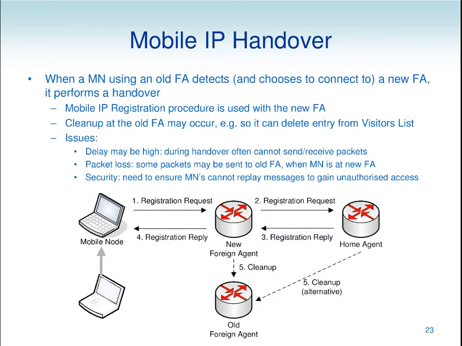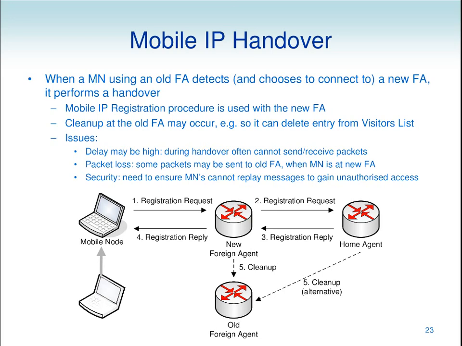Handover, all right, maybe we will just say what a handover is. A handover is simply changing from one network to another. We consider the case where we move from our home network to a foreign network. The same operations are performed when we move from one foreign network to another foreign network. That is, I'm currently in a foreign network. If I want to move to another foreign network, I perform a registration. Send a registration request to the new foreign agent, and my home agent replies.